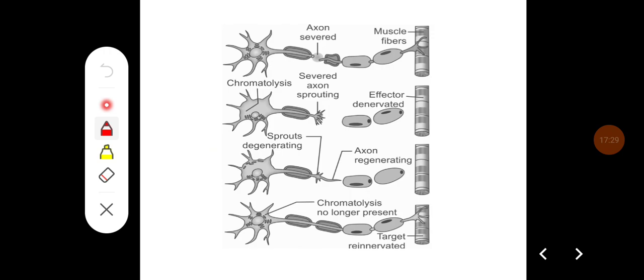So this diagram shows the degenerative and regenerative changes. When the axon is severed, the distal part degenerates and it is called Wallerian degeneration, and you can see some changes in the cell body also where the Nissl's granules disintegrate. The degeneration and regeneration occur parallelly. The stump starts giving pseudopods.